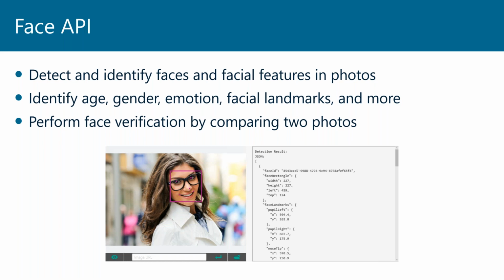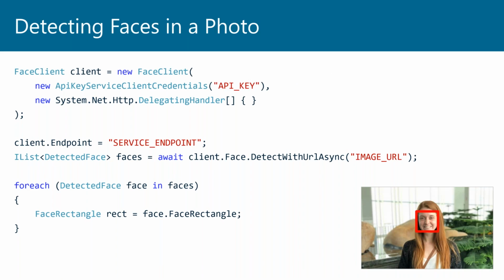And if so, what is the degree of confidence? So with a couple of function calls, literally, you could build that security system that opens a door only if that person is someone who is authorized to enter the building.